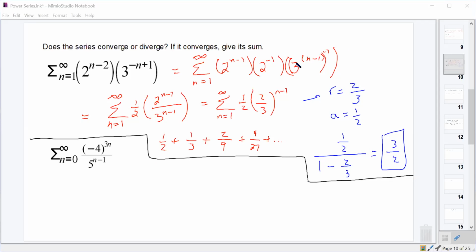All right. Let's do this next one. So this one, because we're starting at n equals 0, we want to get everything up here to have a power of just n.